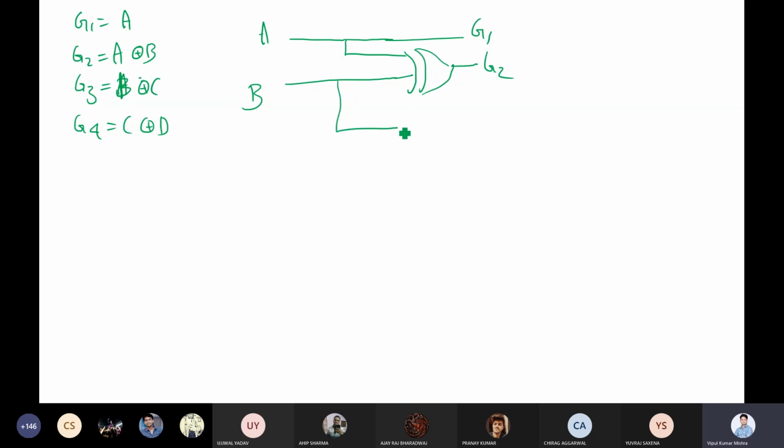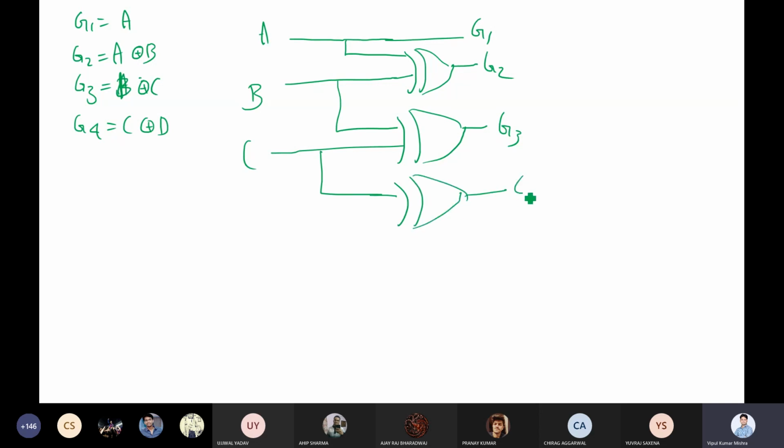Then you have another XOR, that is G3, input is C, and then we have another XOR, that is G4, and this is D. So now you got a circuit.